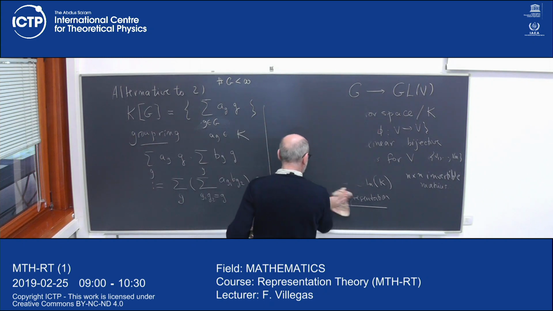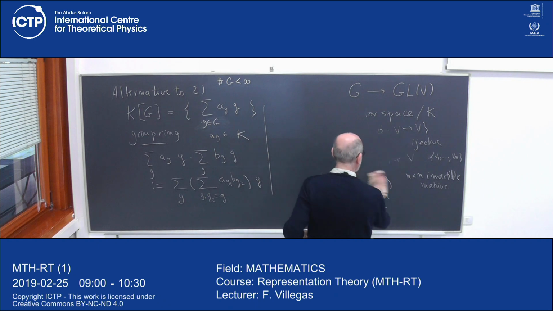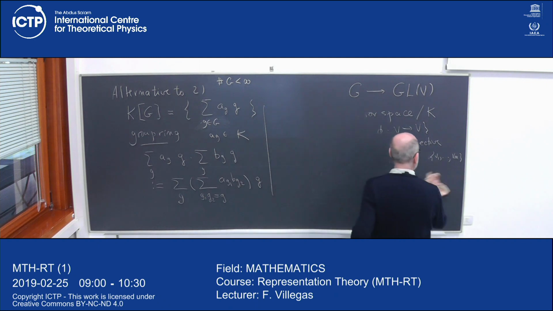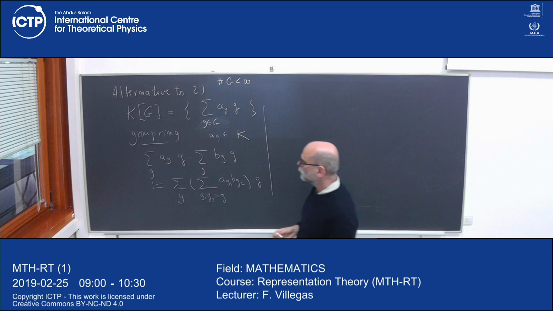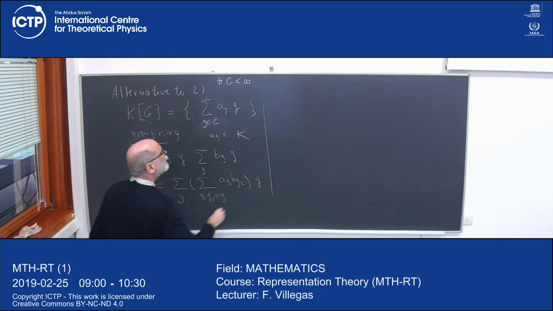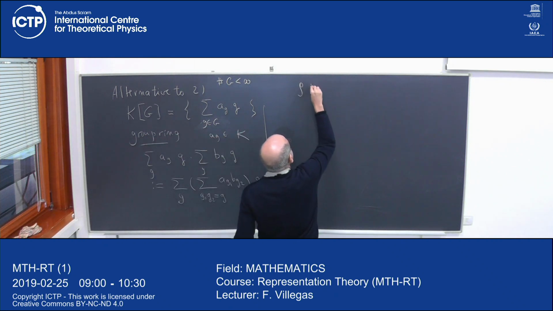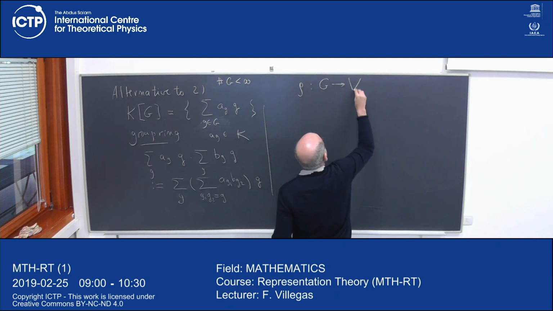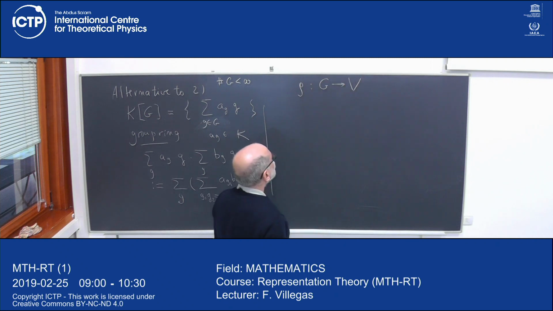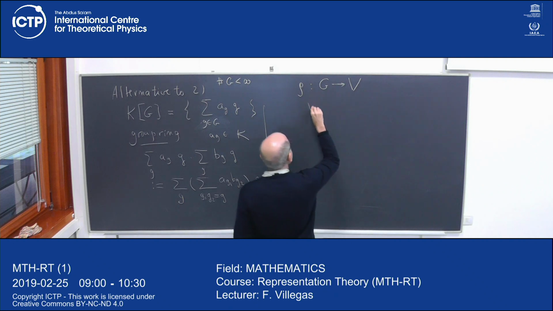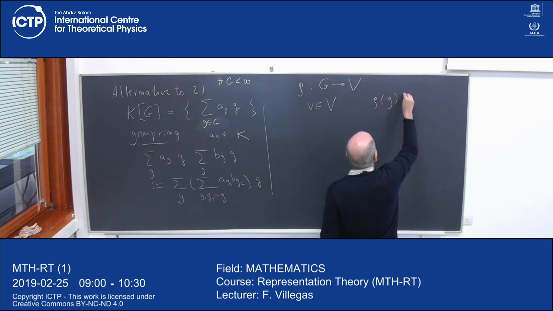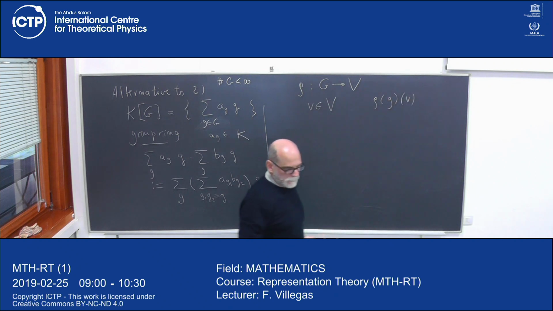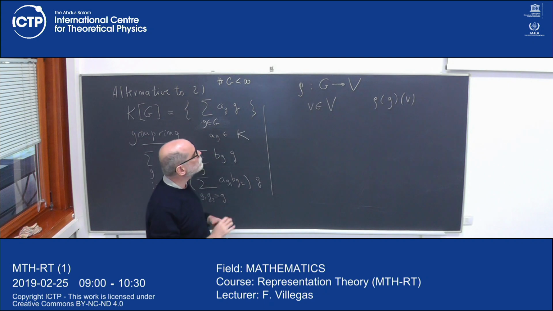And since V is a vector space, you know how to multiply a vector by a scalar. And if you have a representation, so we have a map rho from G to GL(V), and we have a vector in V, we know rho of G applied to v is some other vector.